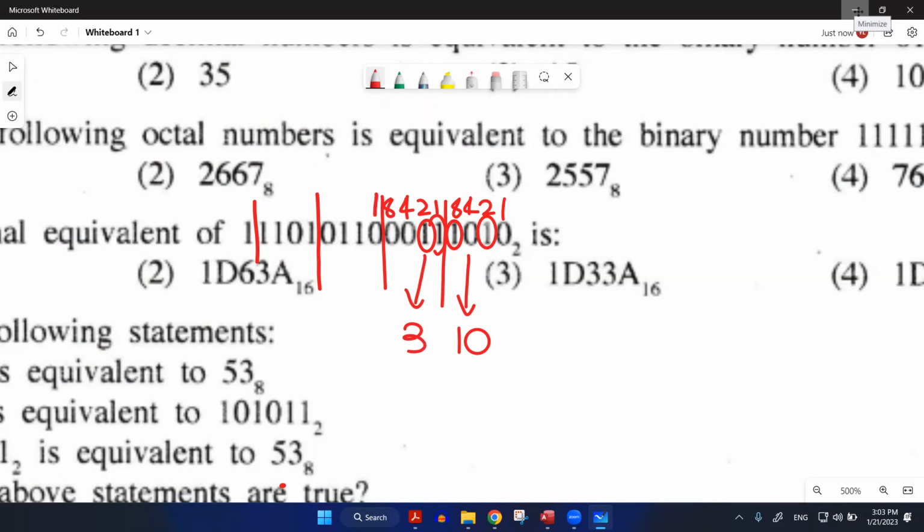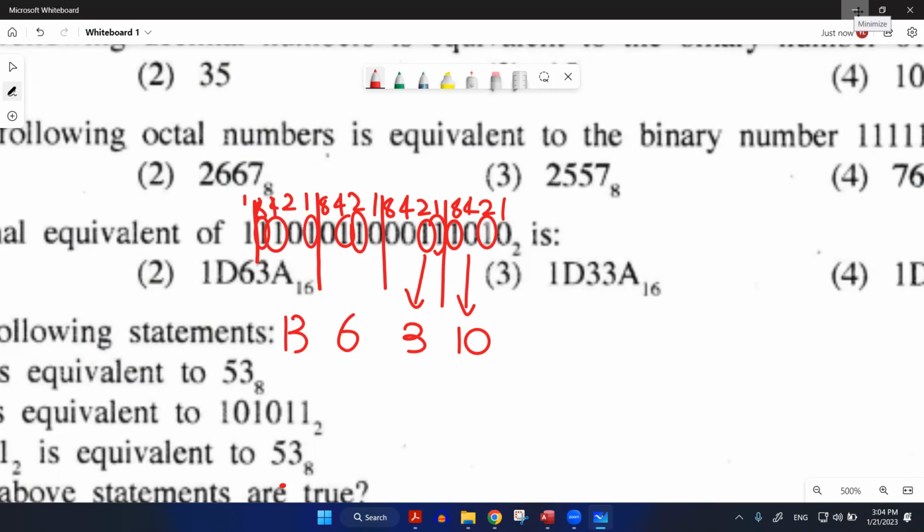Here again 1, 2, 4, and 8. It is asking us to add 4 plus 2, which is 6. And here we have 1, 2, 4, and 8, so 8 plus 4 plus 1, that means 13.